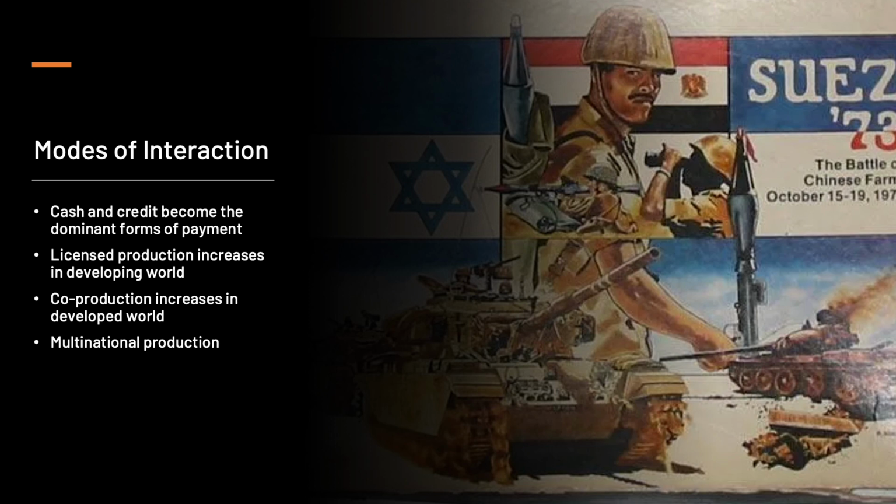We're also seeing the rise of co-production in the developed world. So you're seeing co-production primarily within Europe at this point in time. And again, the reason for that is because it shares the burden of the costs of production and development. So as these arms are becoming more expensive, the way that states, especially within Europe and Western Europe, are kind of offsetting the cost is creating these co-production deals with other states.